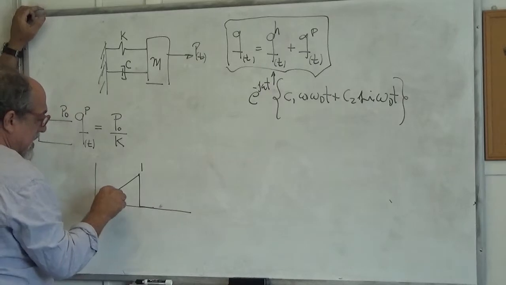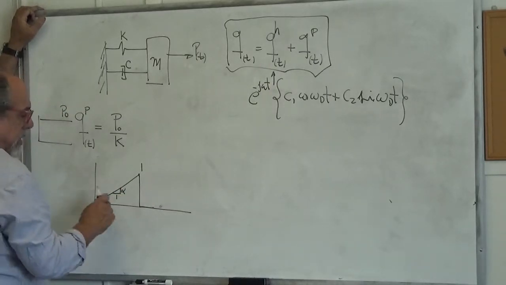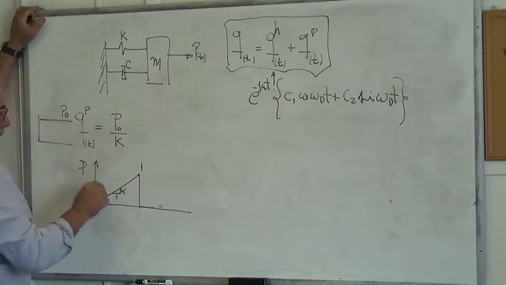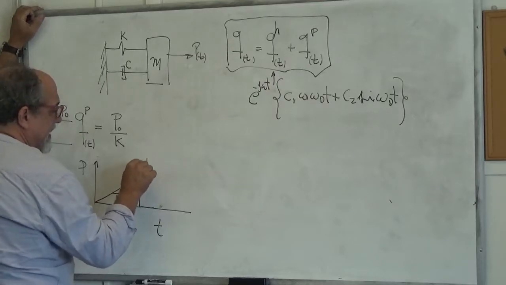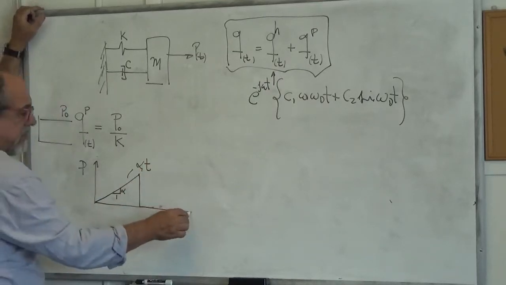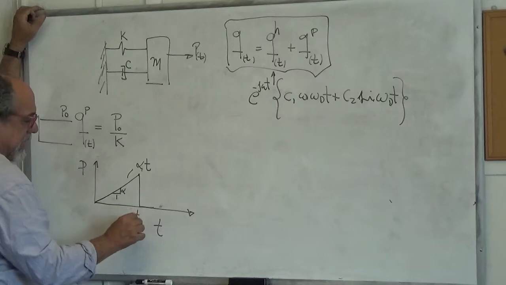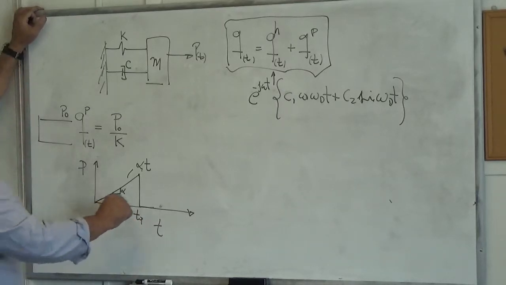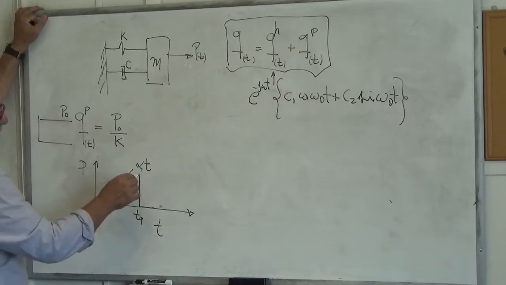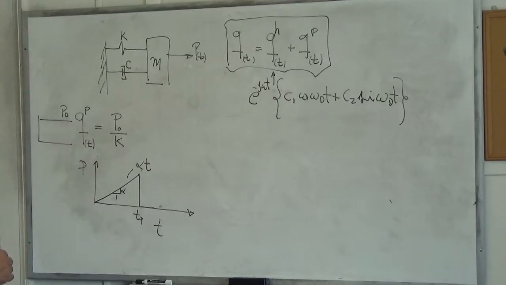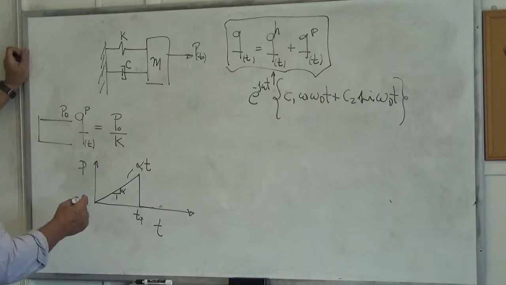Let's just say that this is alpha, and this is 1. So this is the load, and this is time. So this is going up, has the equation alpha t. And at time Tp, the load stops. So this here is just alpha Tp, this maximum load. We could do that one.